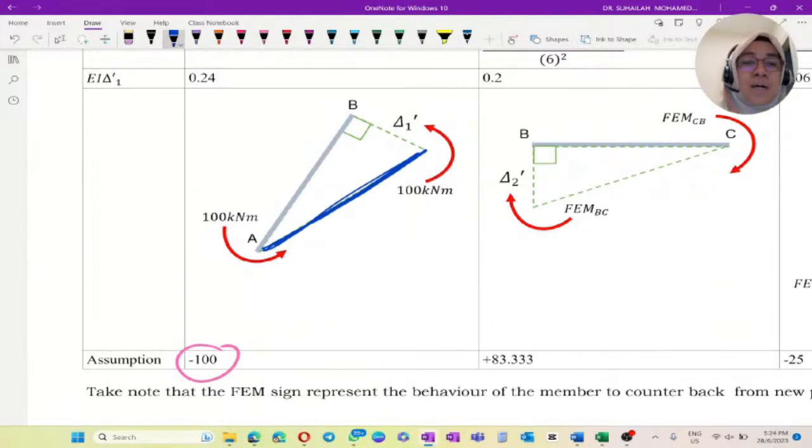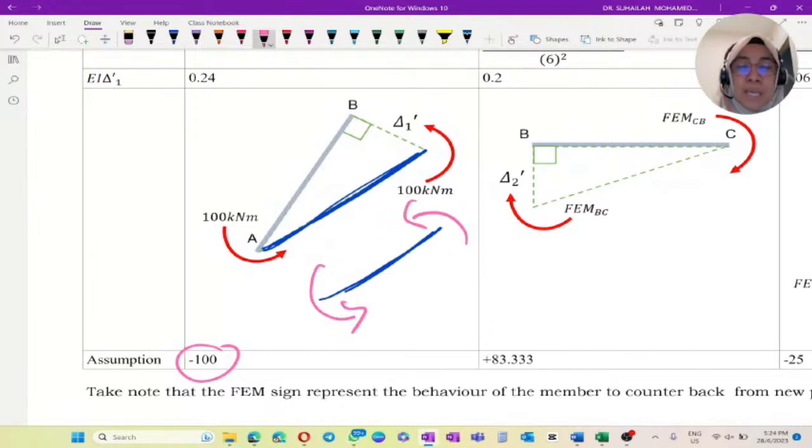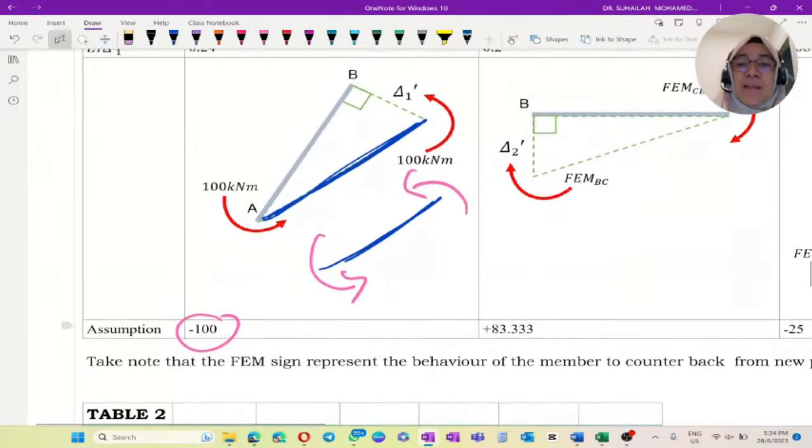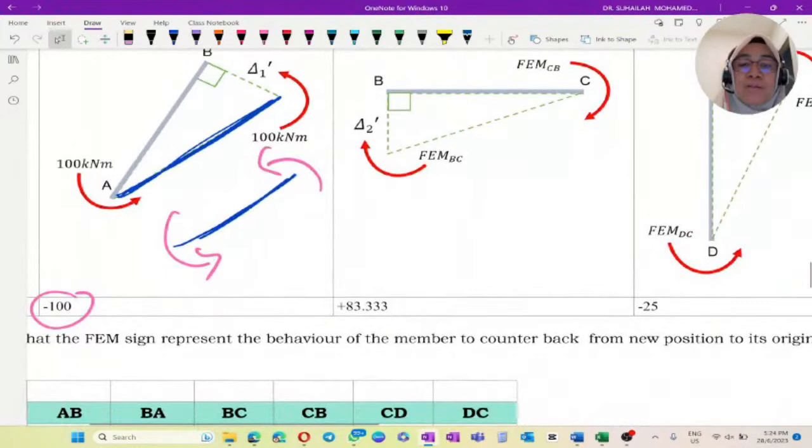Both AB and BA have the same sign, applied in the same direction, so we get negative 100 for AB and negative 100 for BA.